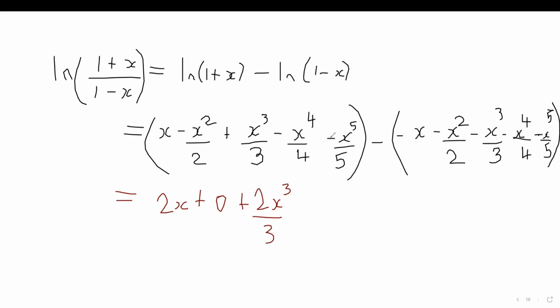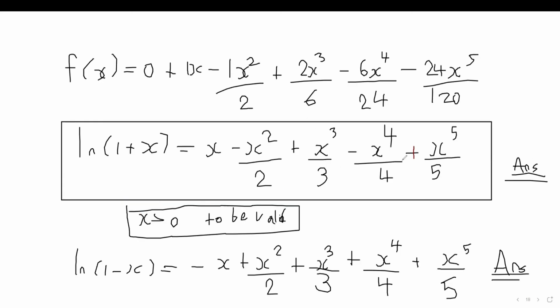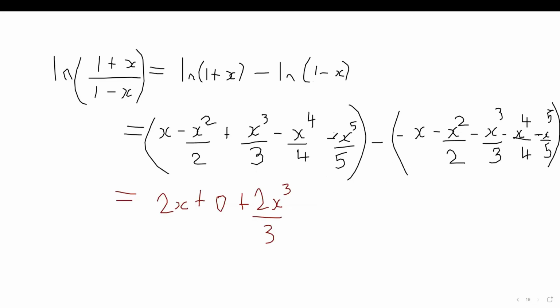Wait, this shouldn't have been a minus. This was a plus. I have to fix this. So minus and minus become plus. So this becomes plus 2 times x to the 5th over 5.